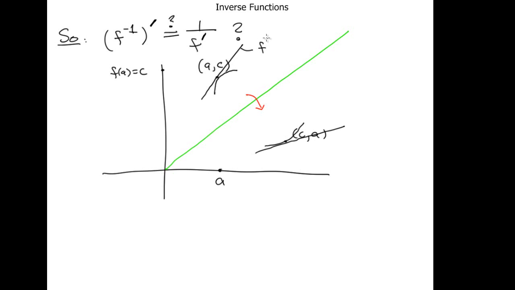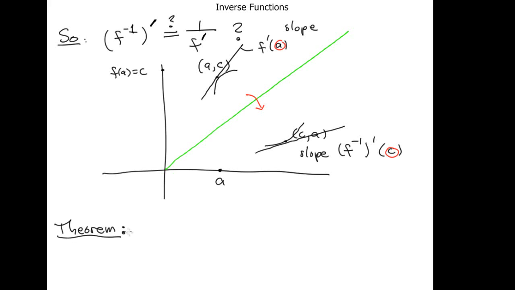So if you apply this little argument about straight lines to the tangent line to the function, it tells you that there's some relationship, as I suggested. But there's one point you need to be careful of, which is the fact that a and c have changed. Notice that up here, the derivative is at a, and down here, the inverse derivative is at c.